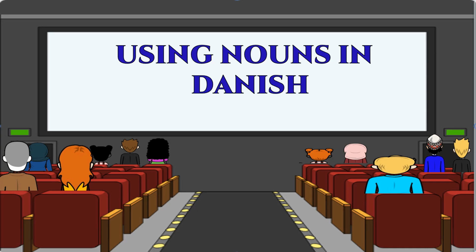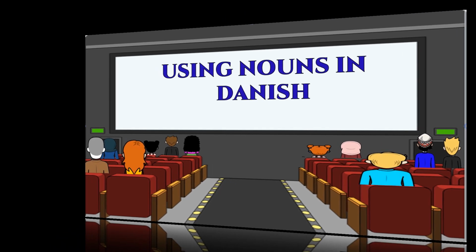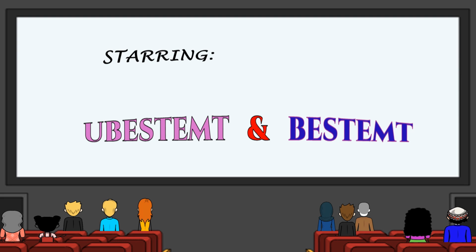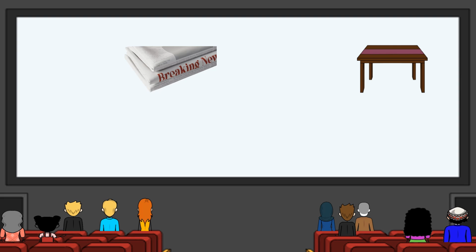Using nouns in Danish. In the Danish language, there are two articles that come before a noun. These may be the articles en or et.